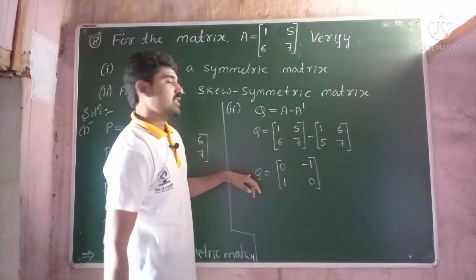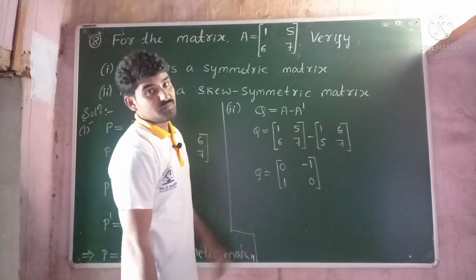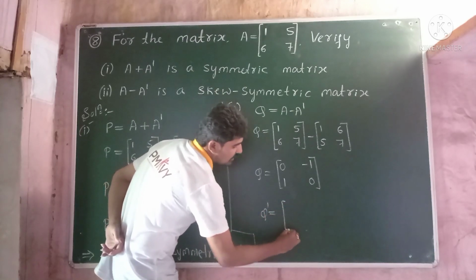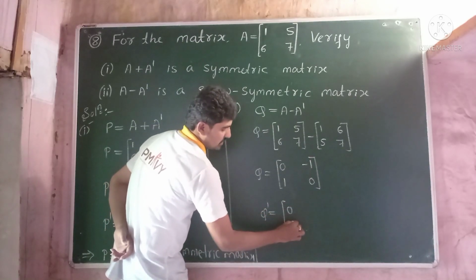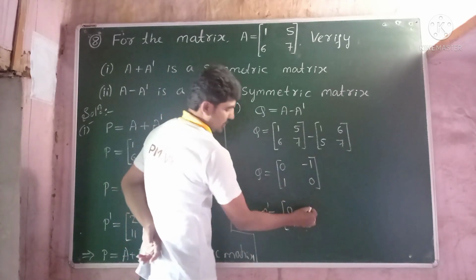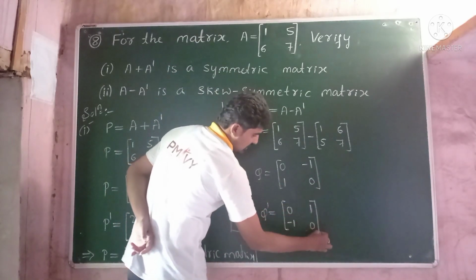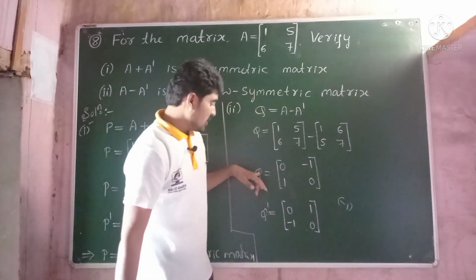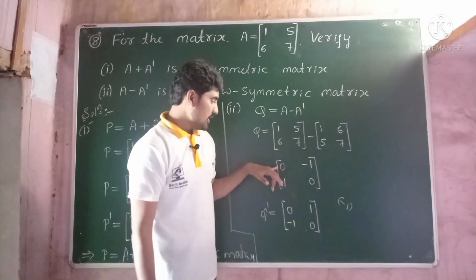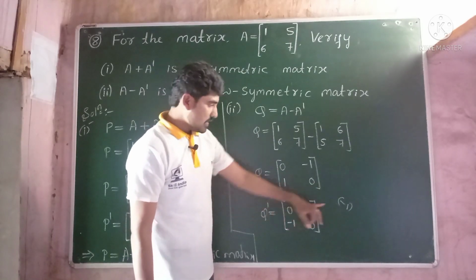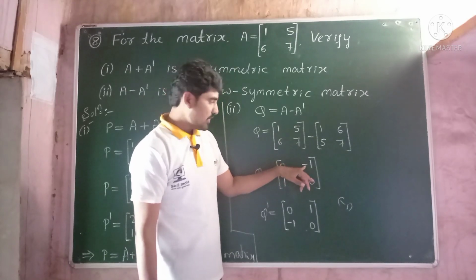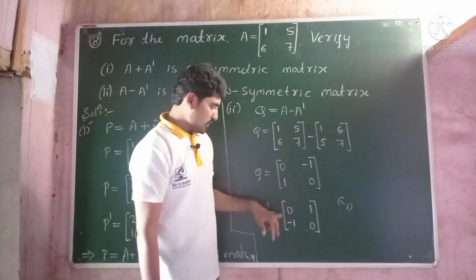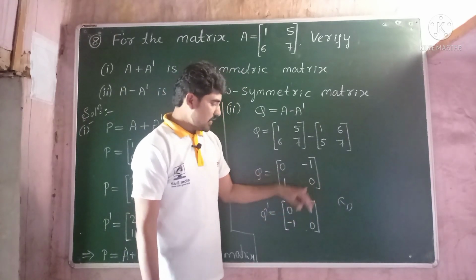Now to prove this Q is a skew symmetric matrix, we need to find the transpose of the Q matrix. Therefore Q dash equals, first row becomes first column, 0, minus 1, and second row becomes second column, 1, 0. Now you may observe here, if I multiply minus 1 with this Q matrix: minus 1 into 0 is 0, minus 1 into minus 1 is plus 1, minus 1 into 1 is minus 1, minus 1 into 0 is 0.